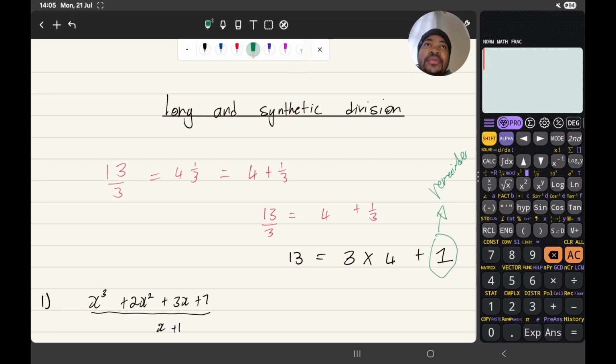For example, any even number divided by 2 gives a remainder of 0, saying there's no remainder. 2 is a factor of all even numbers, so there's nothing left.